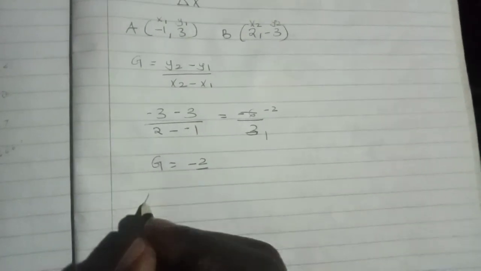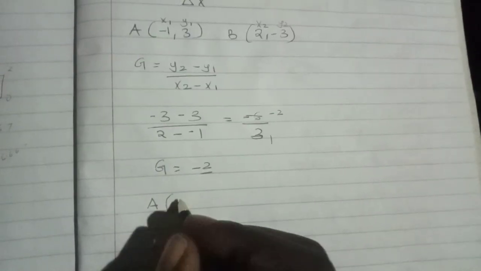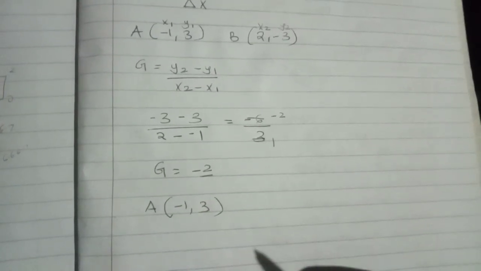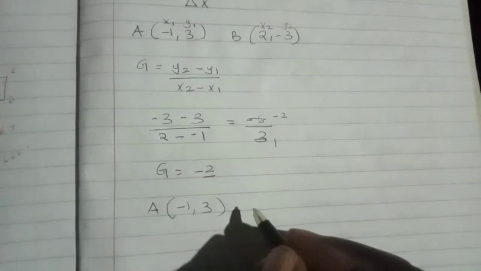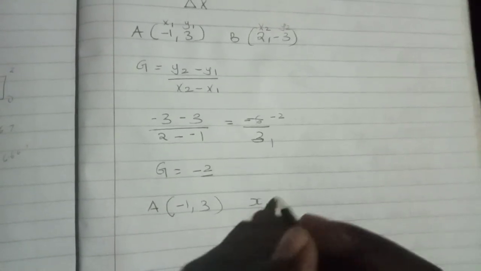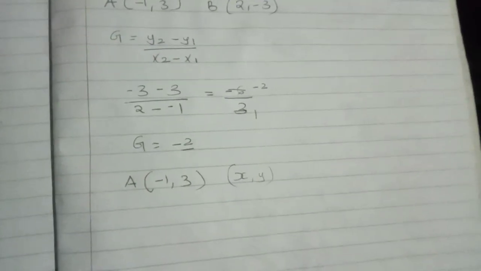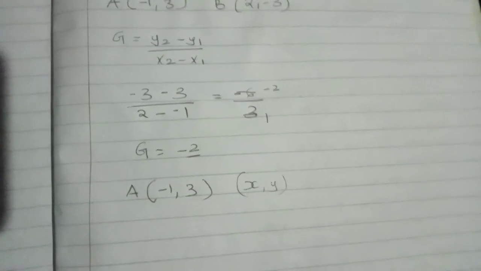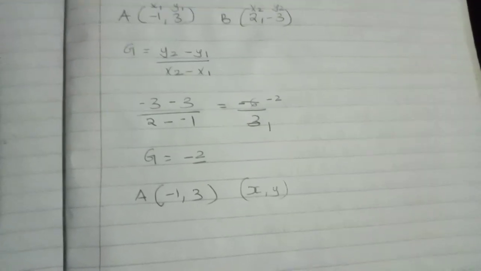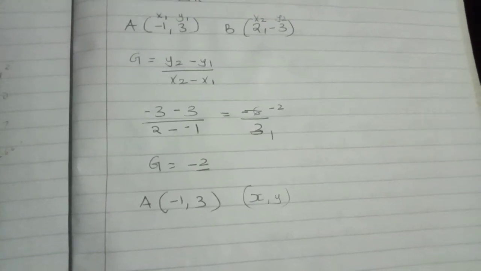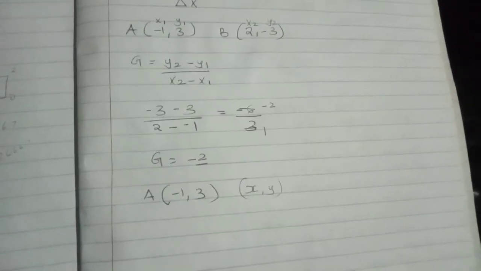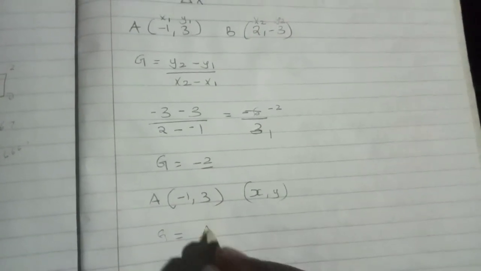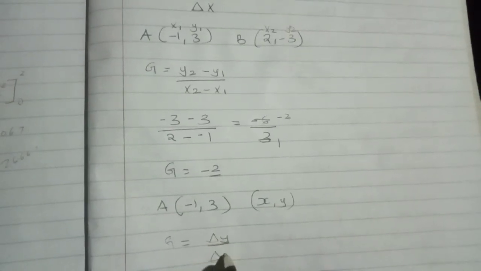Then after having the gradient, I'm going to take one point. I can take point A, which was (-1, 3), and then I'm going to take an arbitrary point, a general point, which is (x, y). I can use either point A or point B. And you know that the gradient will be equal to change in y all over change in x.